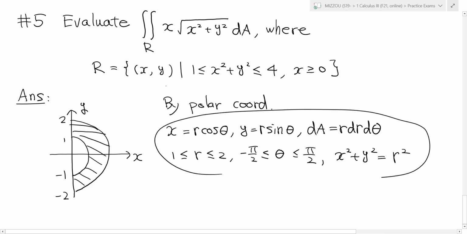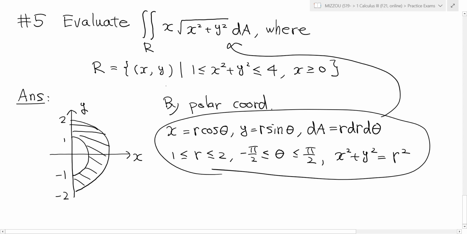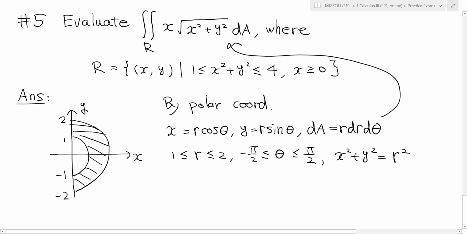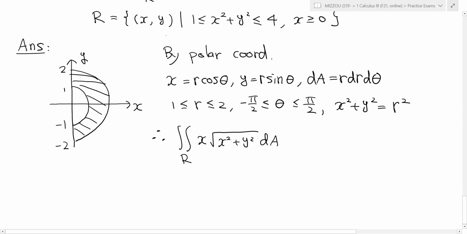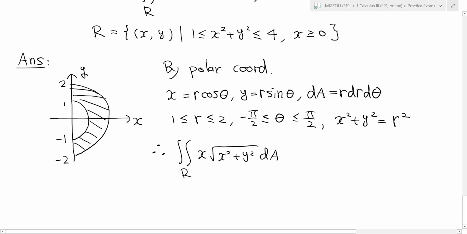And then all you have to do is just plug those in to here. And then what do you get? Therefore, the given double integral is computed as, x is r cosine theta, and then x squared plus y squared is r squared, and r is always positive, so you take the square root, that's just r.